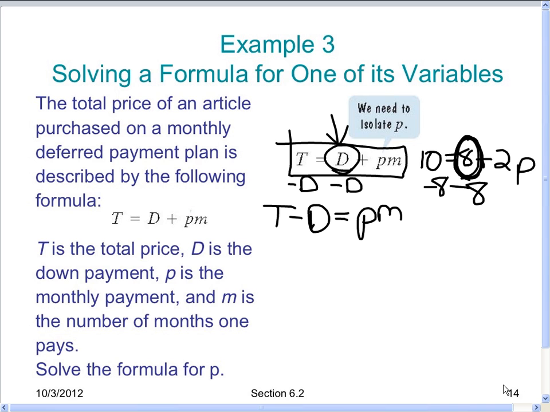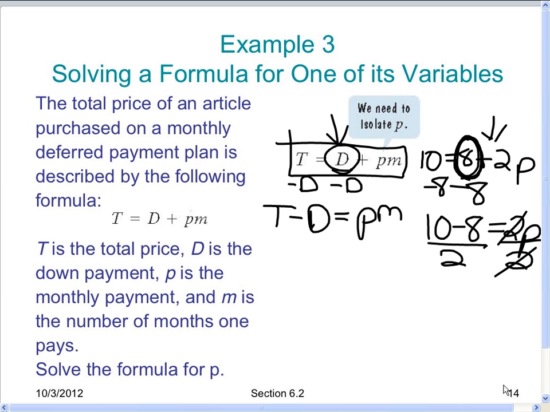Now, normally, if we were doing this equation, we would actually take 10 subtract 8, but let's actually leave it as 10 subtract 8. Still trying to get the p by itself. I have 2 times p. The opposite of times is divide. Divide by 2. That will cancel out the 2.